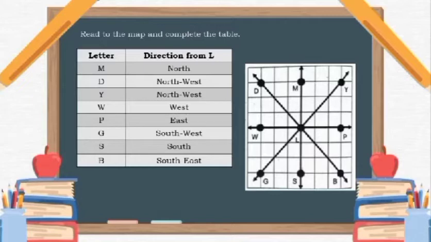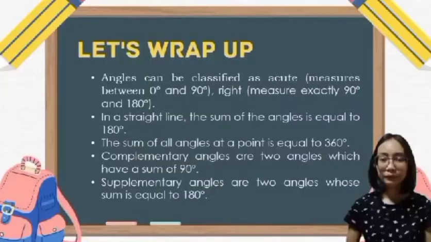Next, the direction from L of the letter W is west, while P is east, G is southwest, S is south, and lastly, B is southeast.